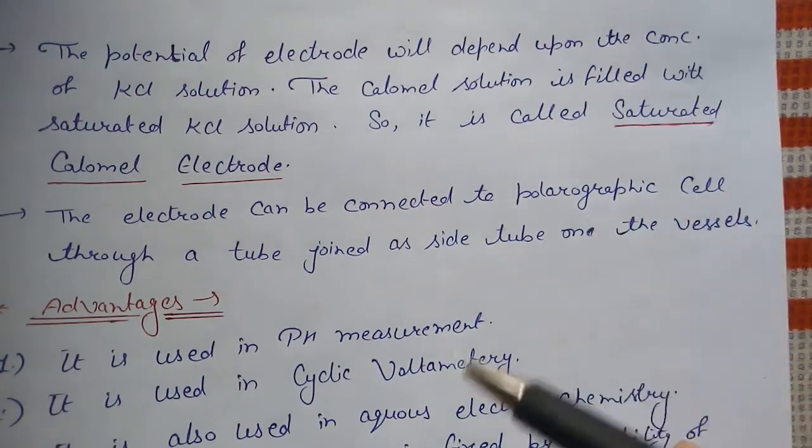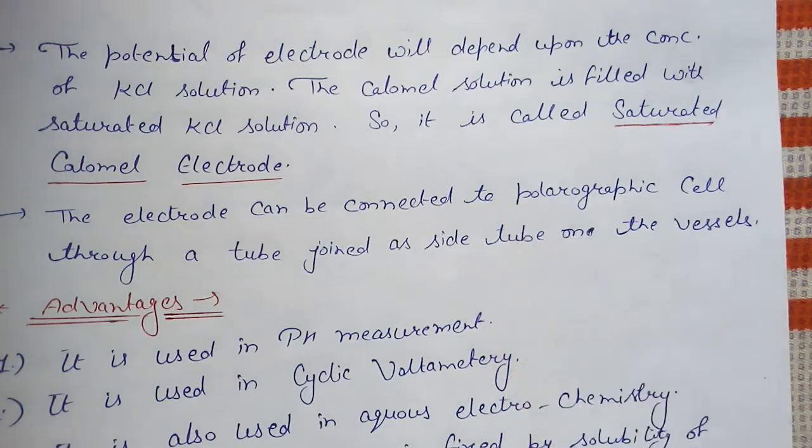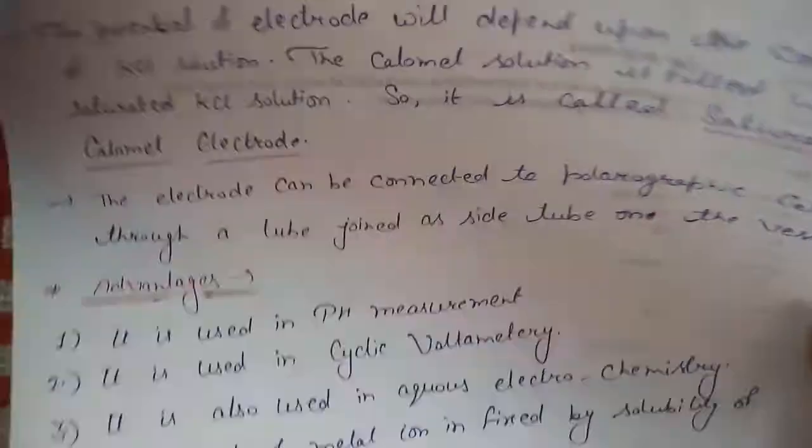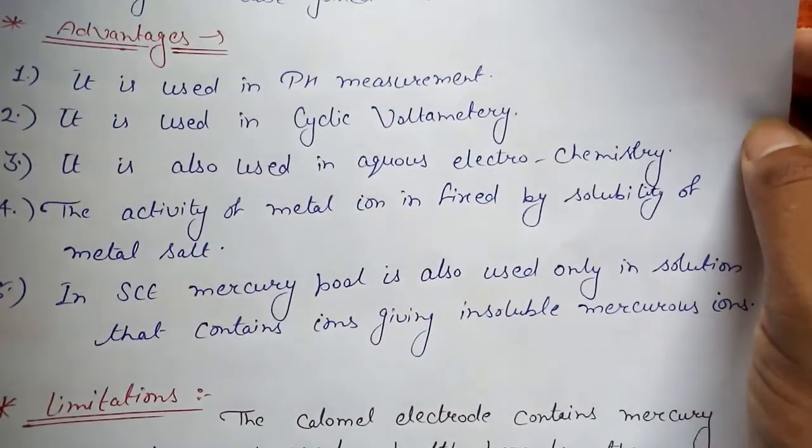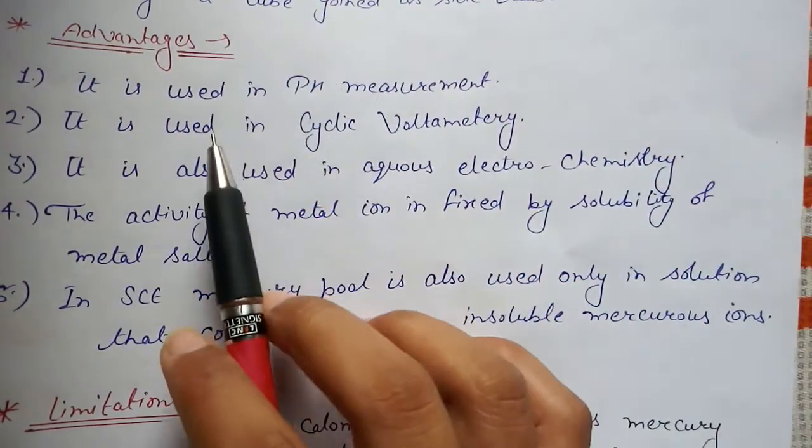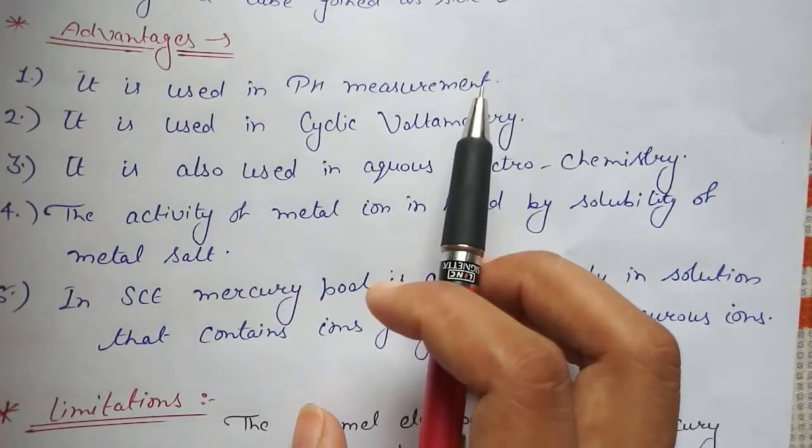Now, what are the advantages and what are the limitations of it? Which is also important for us because before working we should know about the advantages and the limitations of it, right? So advantages are: it is used in pH measurement.